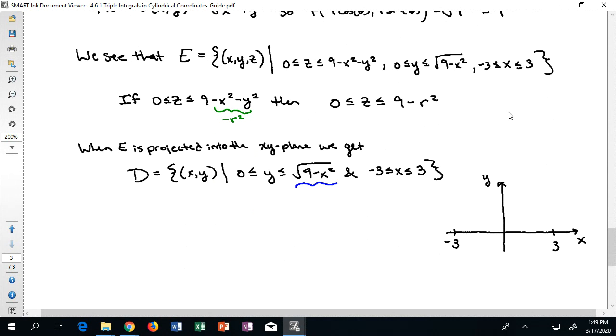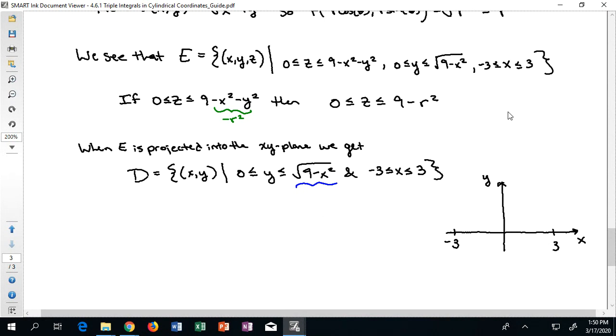Well, you might guess that it's the equation of a circle. Imagine if I had y equals the square root of 9 minus x squared. That would give me y squared equals 9 minus x squared, and if I added the x squared to the other side, I have a circle. The only issue is that I don't have both the positive and the negative portions for y.